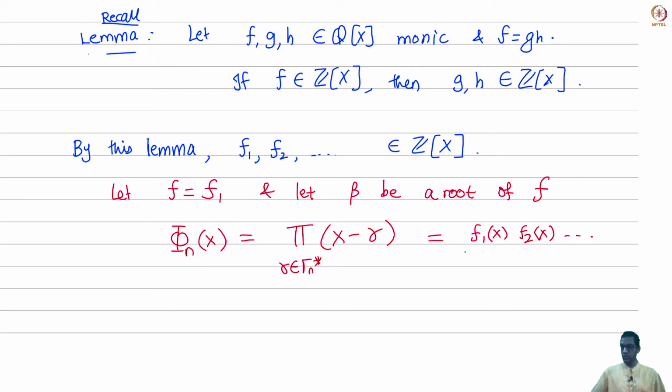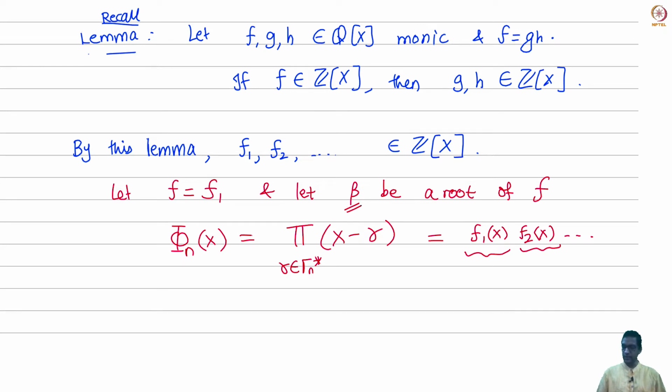Of course the roots of f1(x) will be some subset of the primitive roots, f2(x) will have roots which are some other subset of Gamma_n star, and so on. When you think of them as polynomials over the complex numbers, the roots of f1, f2 and so on are all going to be subsets of Gamma_n star.